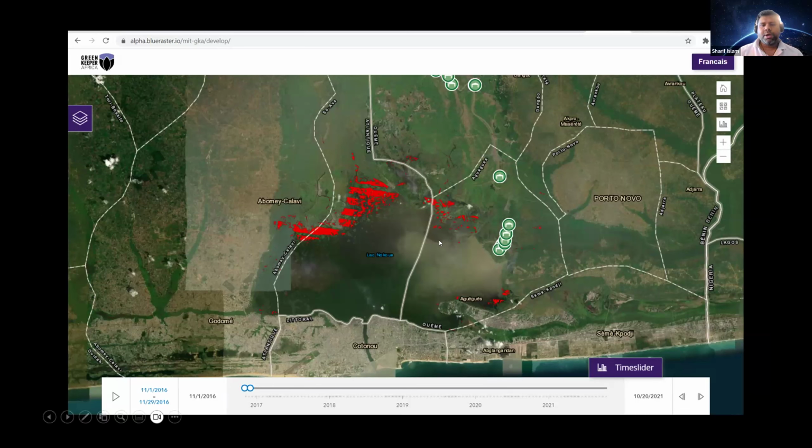When the project is over, we'll hand it over to some of our collaborators so that they can maintain this tool and monitor this water hyacinth issue and take better decisions.